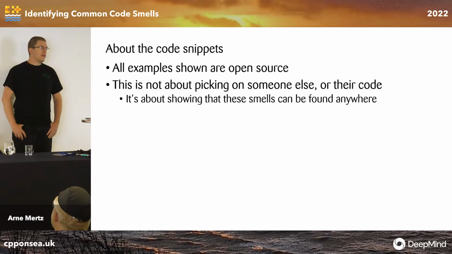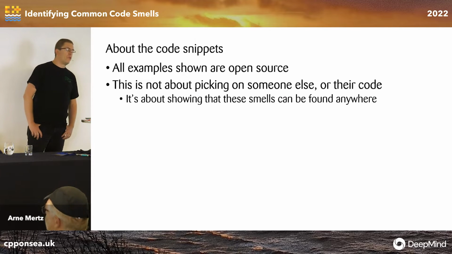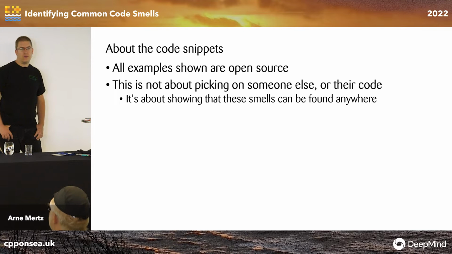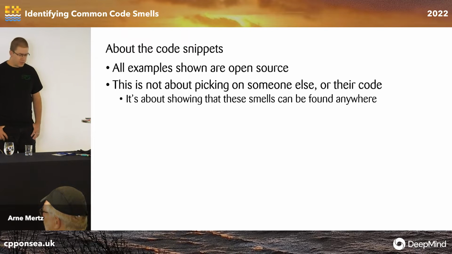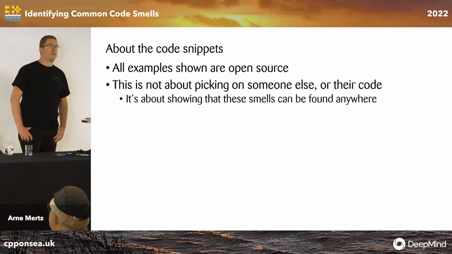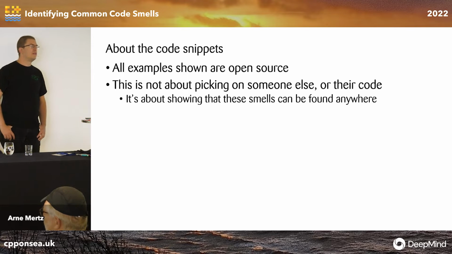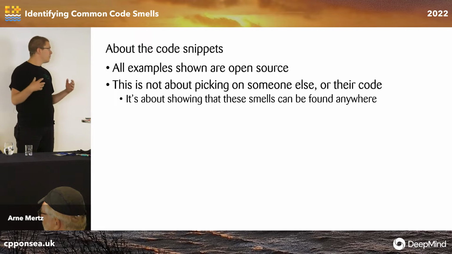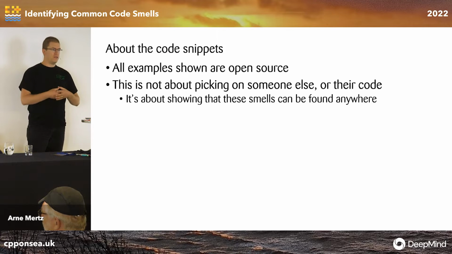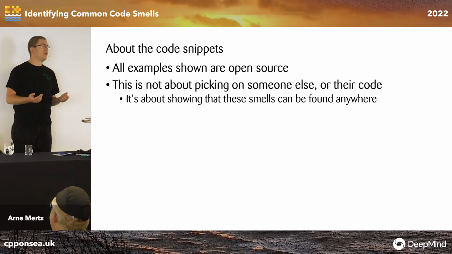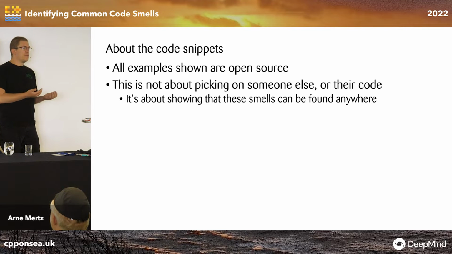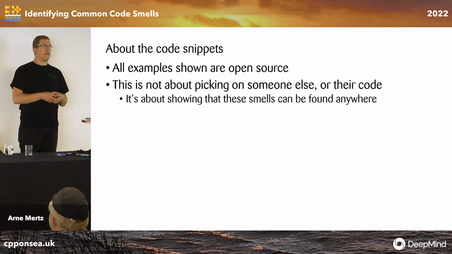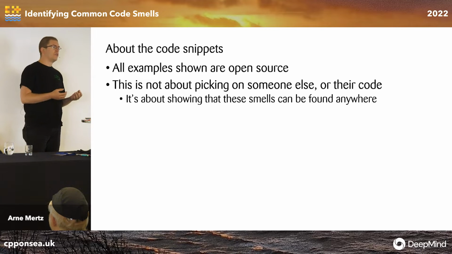I'll be presenting a couple of code snippets from open source code bases on GitHub. I really want to stress that this is not about picking on those code bases, not saying that those code bases are really bad. It's not picking on the developers. It's just to give you examples of instances of those code smells. In many of the cases, there actually are violations of principles.